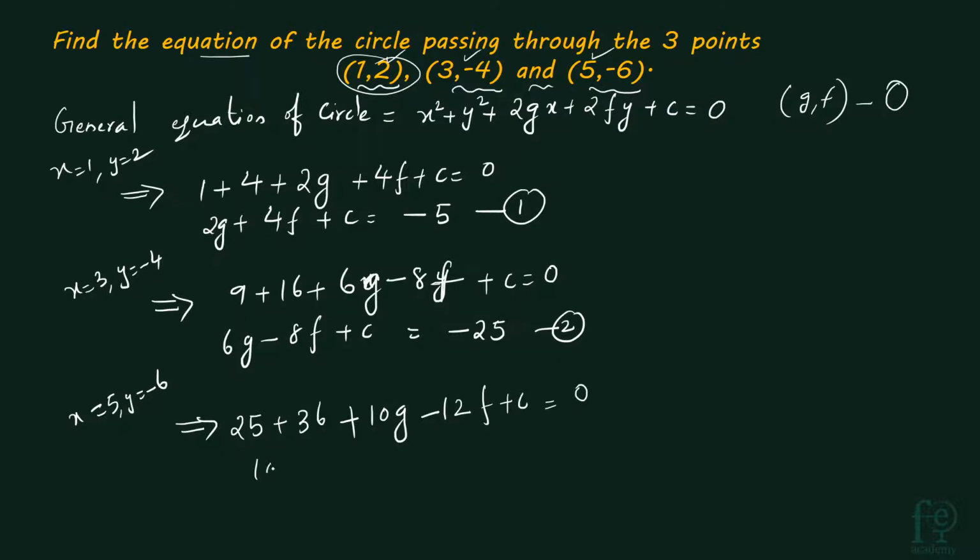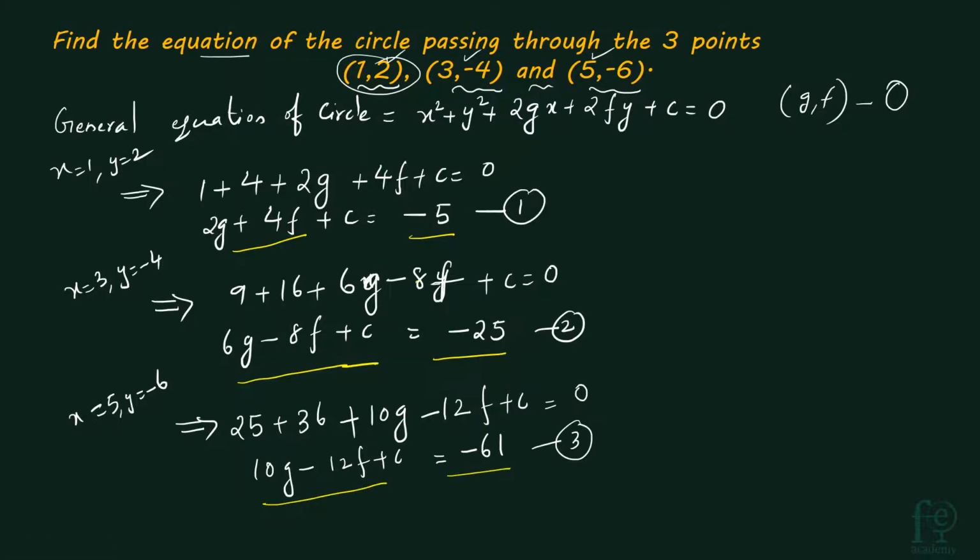This gives you 10g minus 12f plus c is equal to minus 61. So this is the third equation. Now we have three equations in three variables: 2g plus 4f plus c is equal to minus 5, 6g minus 8f plus c is equal to minus 25, and the third equation is 10g minus 12f plus c is equal to minus 61.